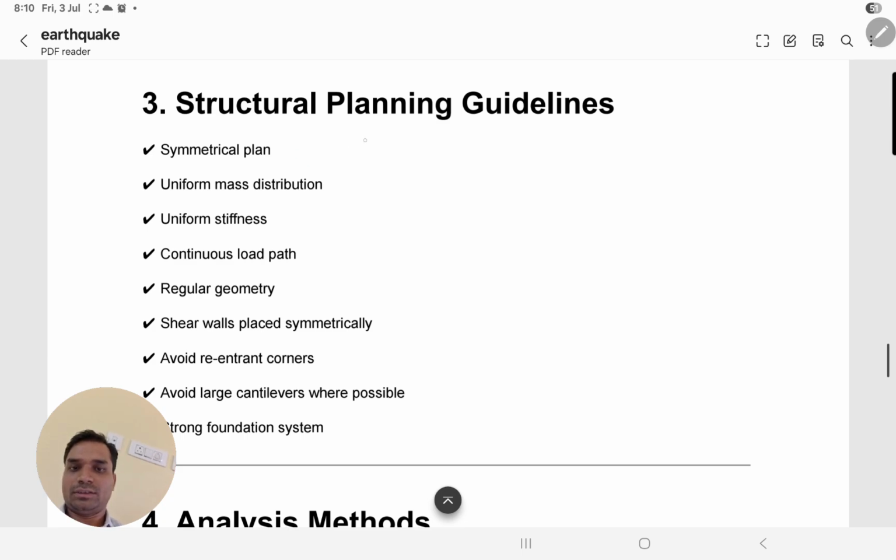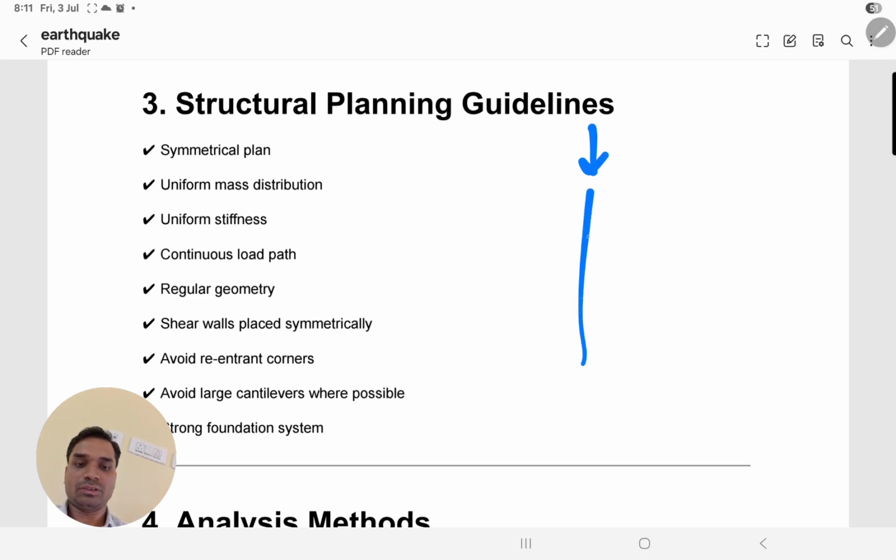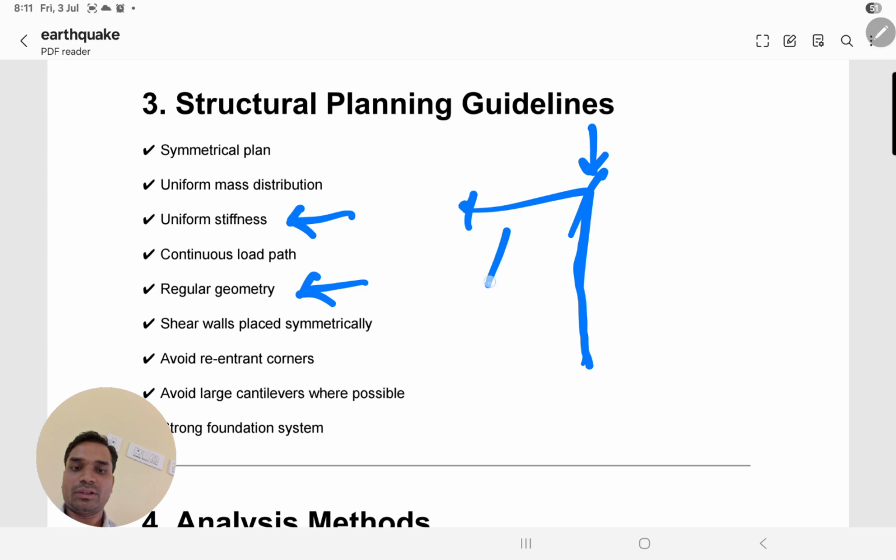Then the general planning guidelines: a symmetrical plan, uniform stiffness, continuous load path. If you have columns, try to make them in a symmetrical plan, so you will get uniform stiffness. Regular geometry is generally preferable. Avoid large-scale cantilevers.